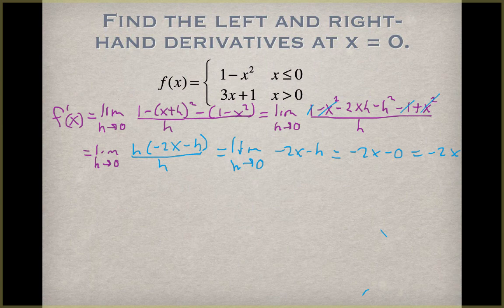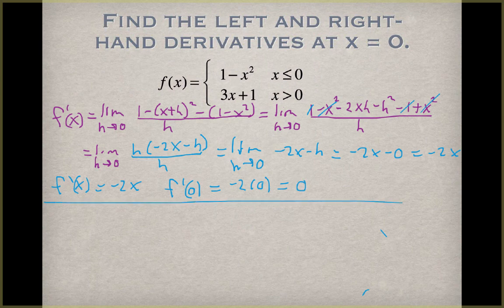So f prime of x equals negative 2x. When we want to check it at 0, f prime of 0 equals negative 2 times 0, which is 0. So that is our left hand, our less than or equal to 0.